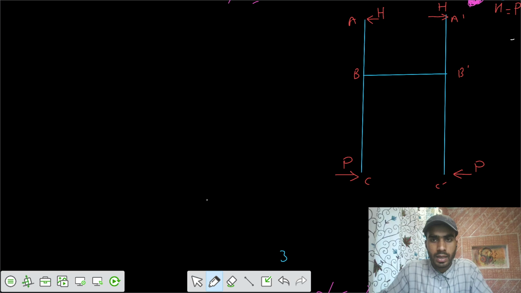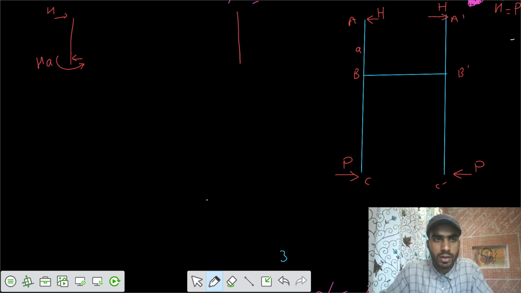Let's say this is H. So here you will have H and an anti-clockwise moment of H into A. Similarly in this part also, this was acting in this way, we can write H into A.